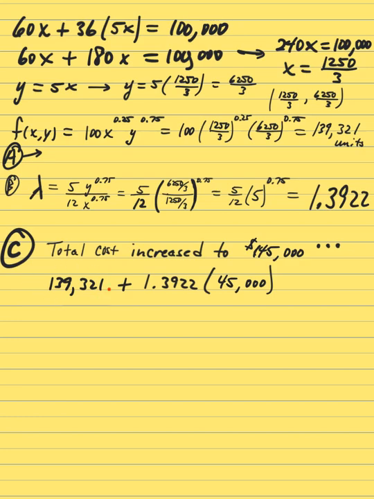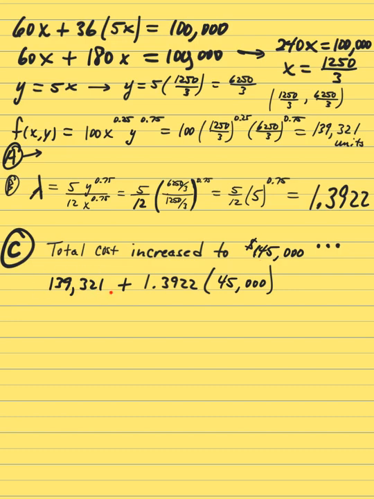That front figure is the number of units for 100,000. We have a Lagrange multiplier for that additional 45,000 that we're going to be allowed to spend. That's a $45,000 increase.